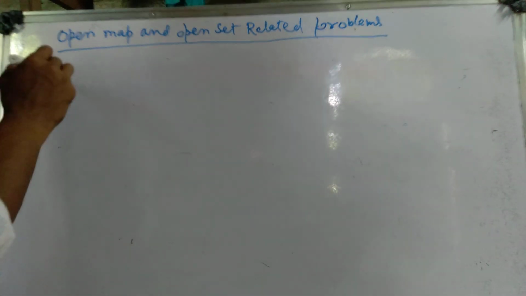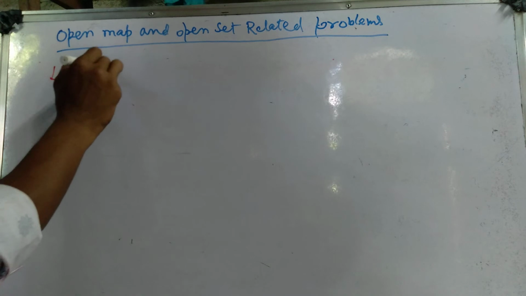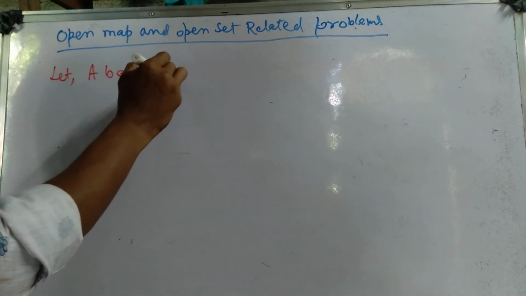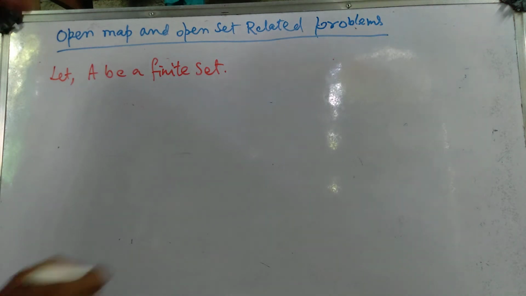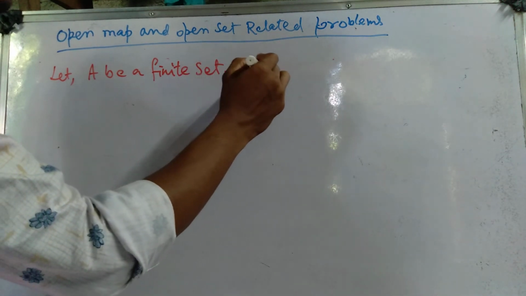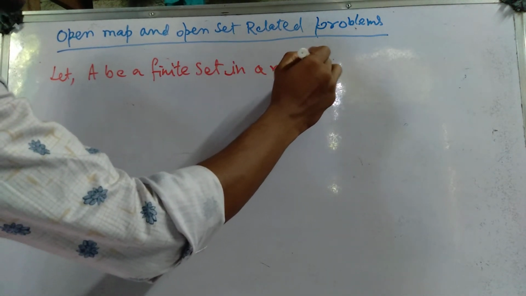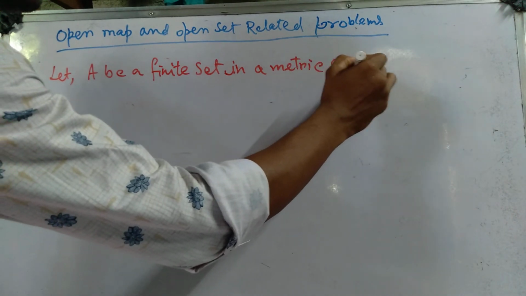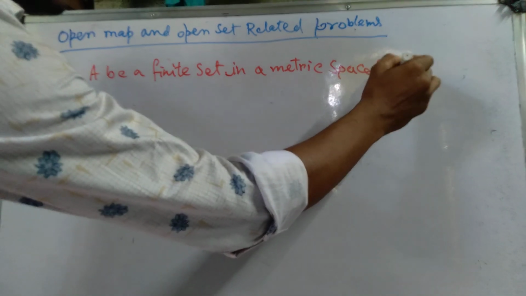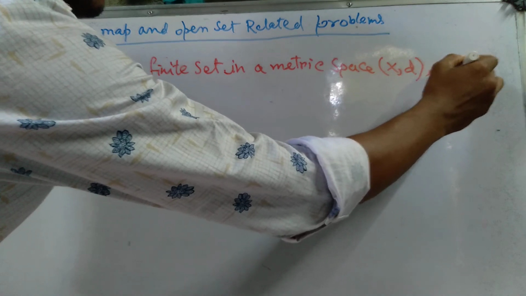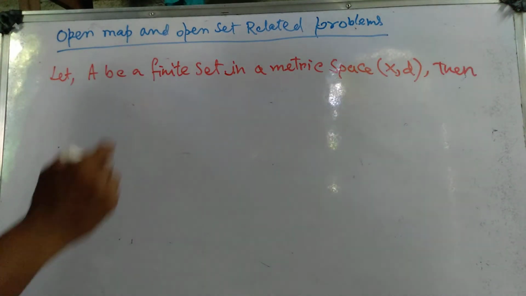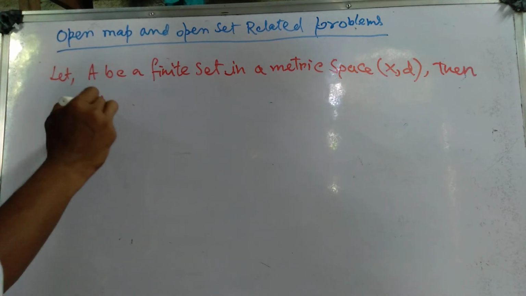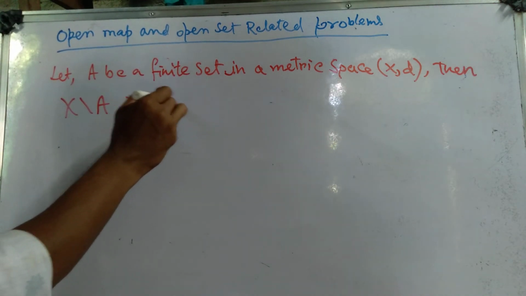Write it: let A be a finite set in a metric space (X, d), then X difference A is open.